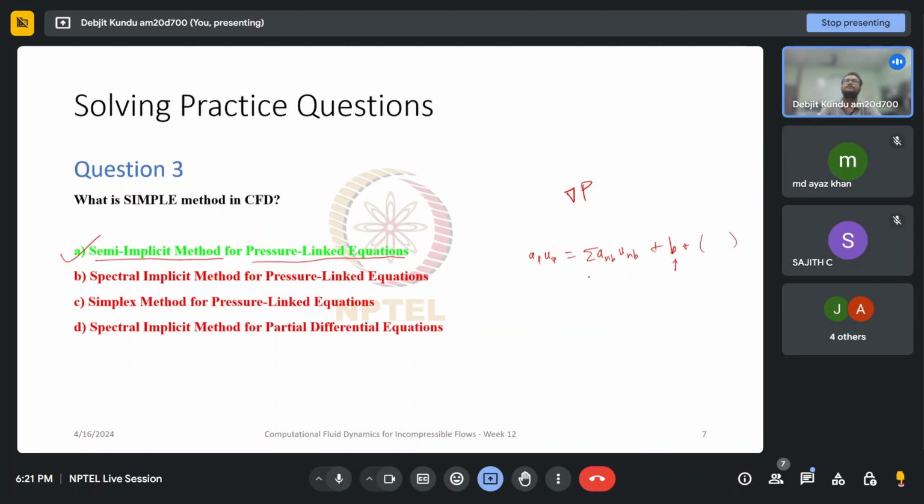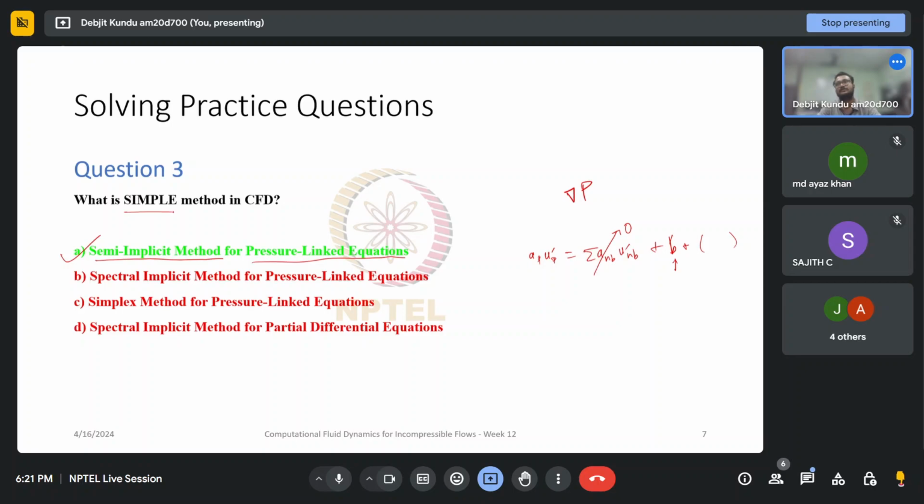But anyway, in this method, this implicit equation is forcefully made into a semi-implicit method by taking this term to be zero. I'm sorry, these are all corrections basically. So this is made to be zero. That's how an implicit method is made into a semi-implicit method, and the original equations which we are trying to solve are pressure-linked equations. So that's how this method gets its name.